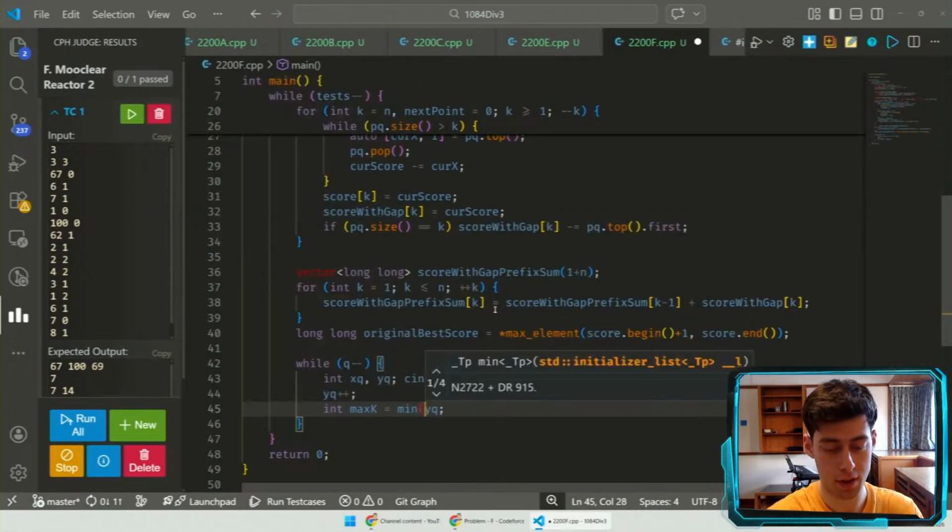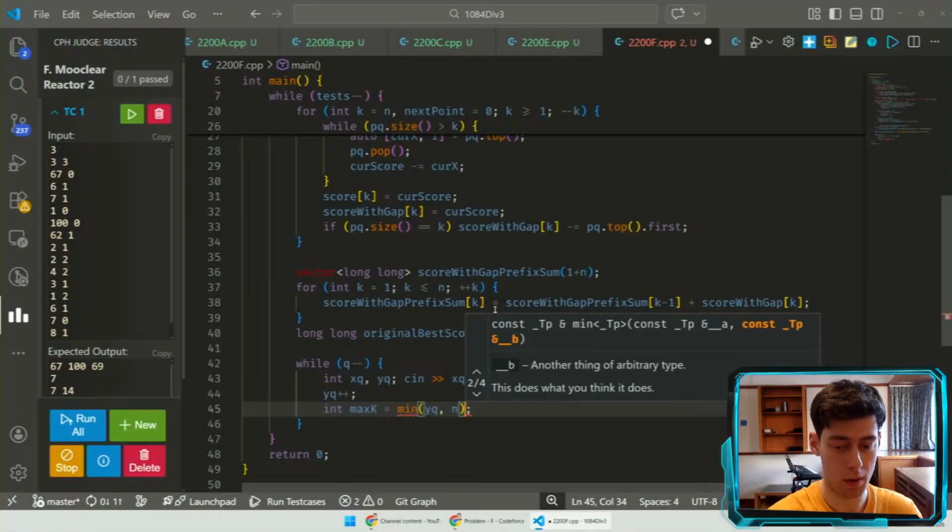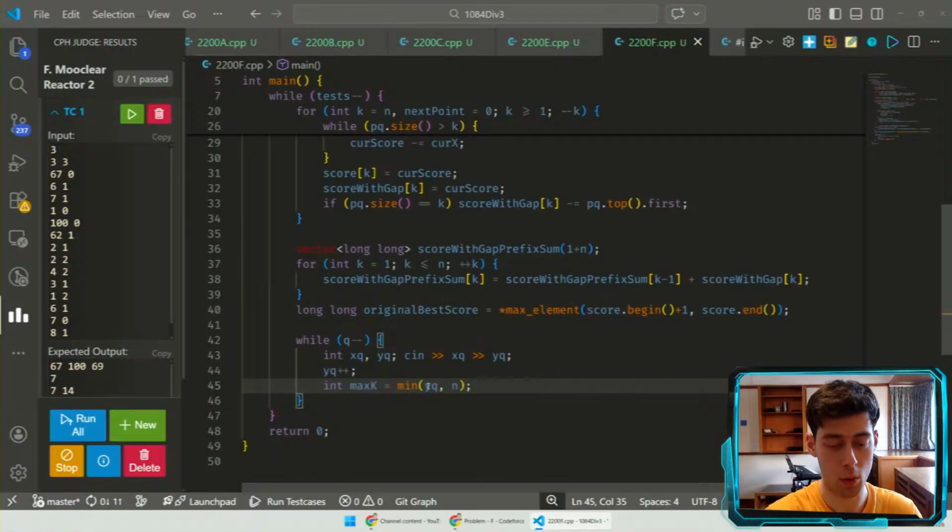But of course, if that's bigger than n, then I can just choose at most n.